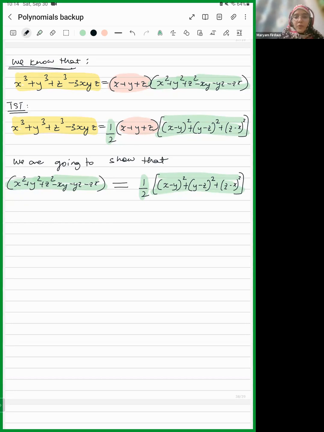Shall we move forward, Avni? Yes, ma'am. So we have to show that this thing is equal to this thing.